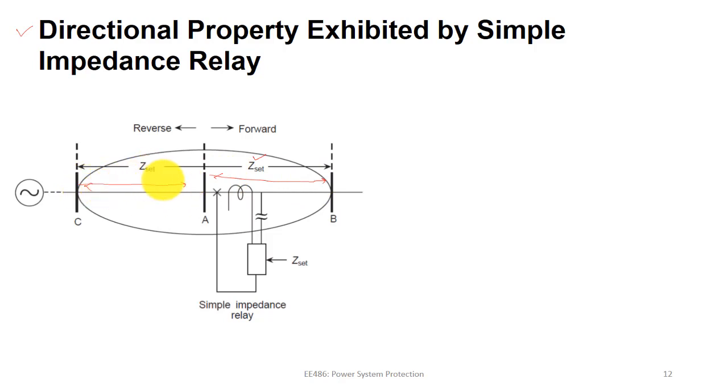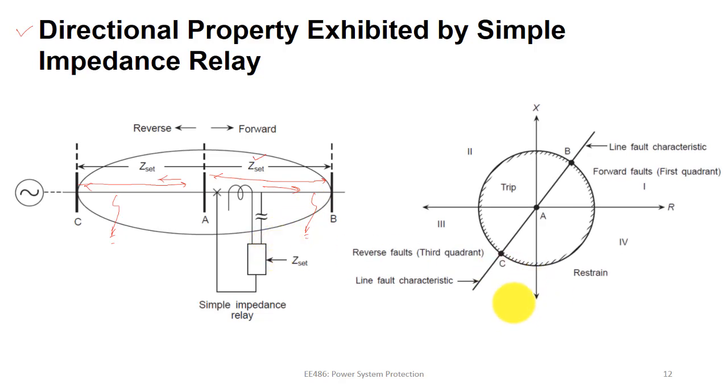In the reverse direction, suppose the fault happens here, it will also measure the current and voltage, and compare with Z set. And if the fault happens here, again it will measure, and though the current direction is opposite, it will still give a trip command if the Z value seen by the relay is within the Z set reach value.